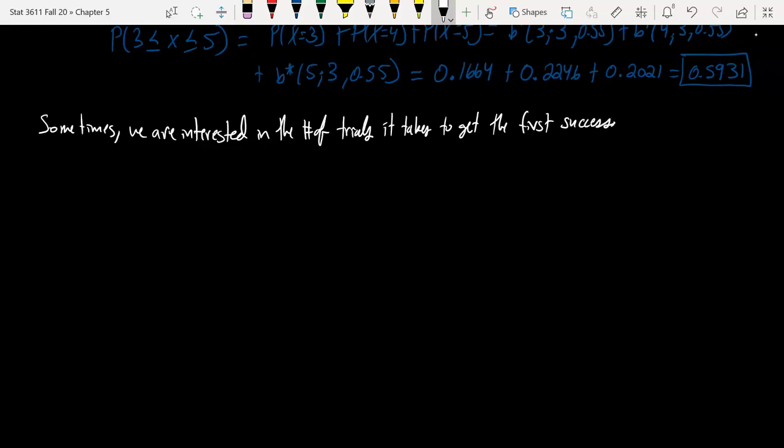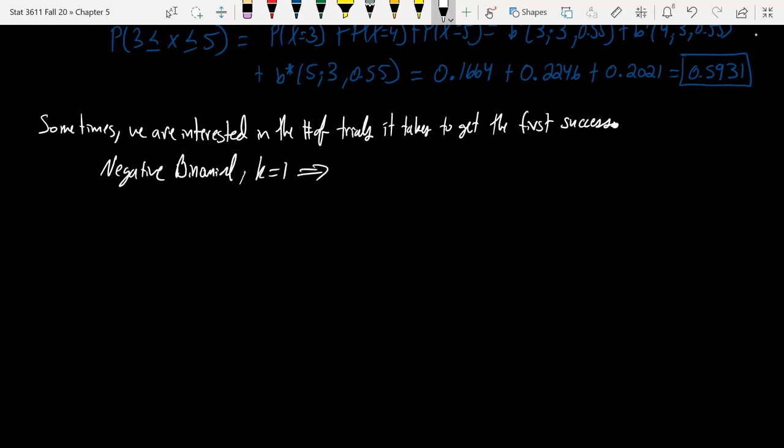So this is a negative binomial distribution question, but you're looking for just one success. Usually in negative binomial, you're getting k successes where k is larger than 1, but 1's a possibility.